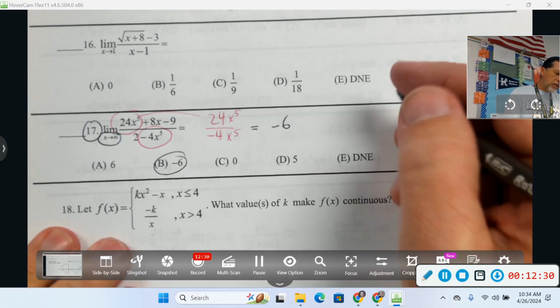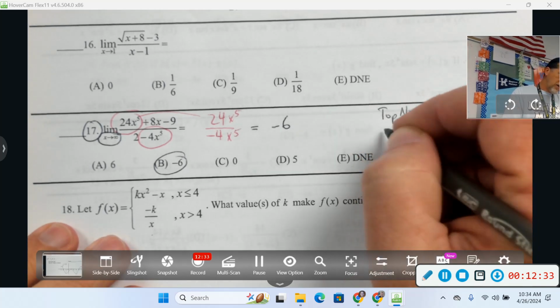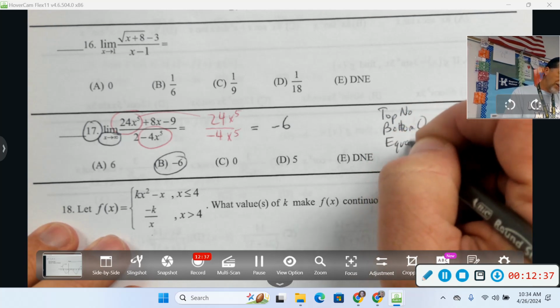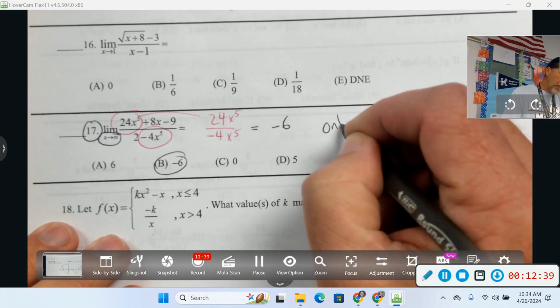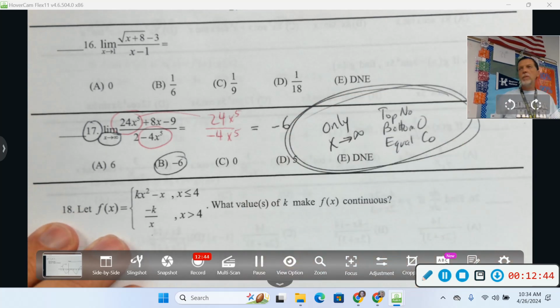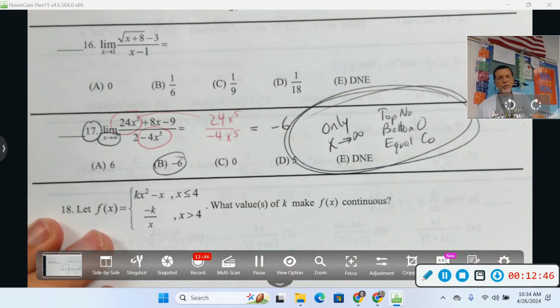If you like the shortcut, the top no, bottom O equal co thing, that's great, I like it too, but only for x going to infinity. People get so enamored with that shortcut, they start doing it for everything.